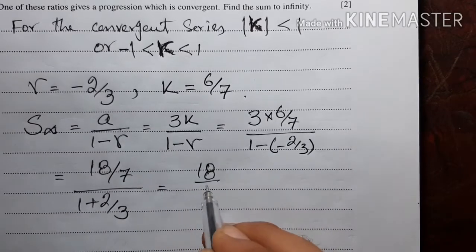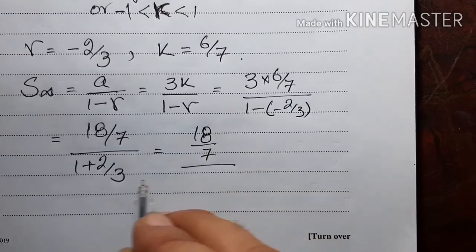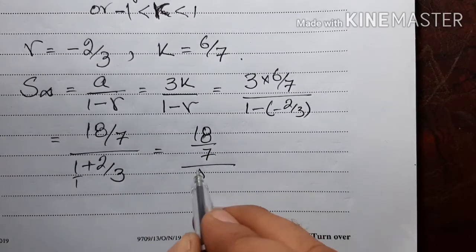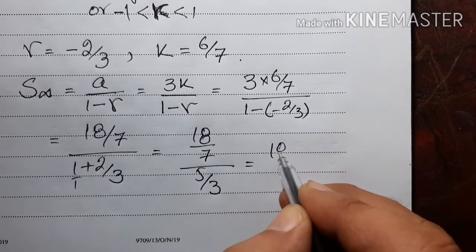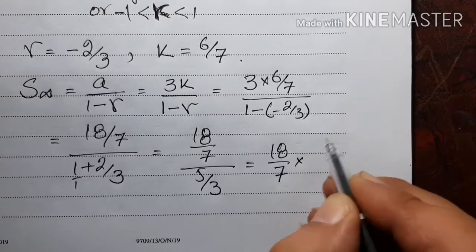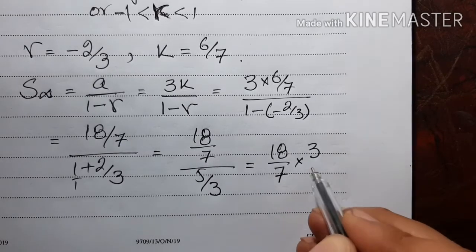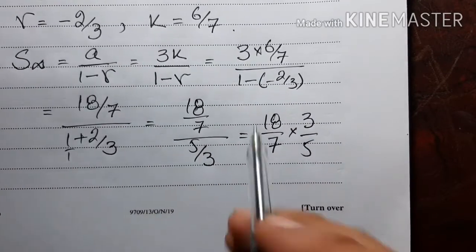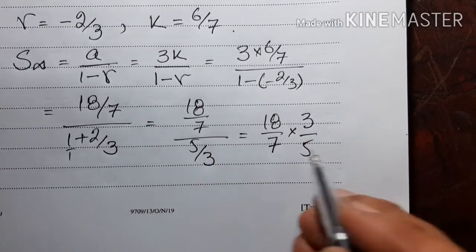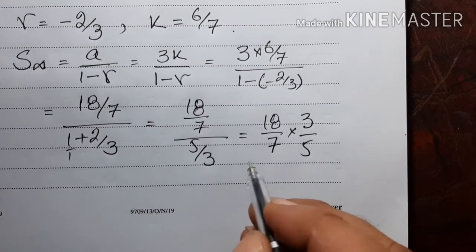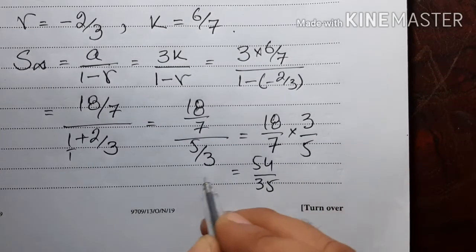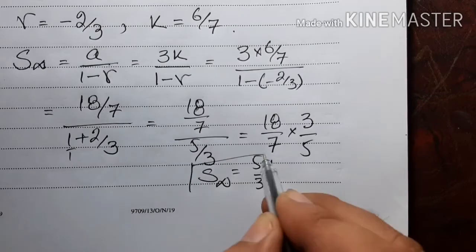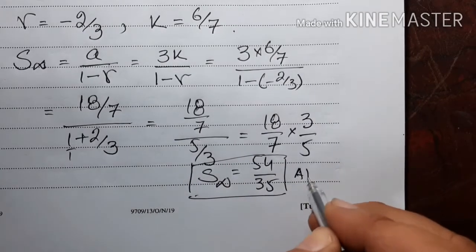If I take LCM of this, it will be 5 over 3. So it can be written as 18 over 7 into 3 by 5, because these two are fractions dividing each other. So I can write it as 54 over 35. So this is sum to infinity. This is our answer. So this was question number 9.